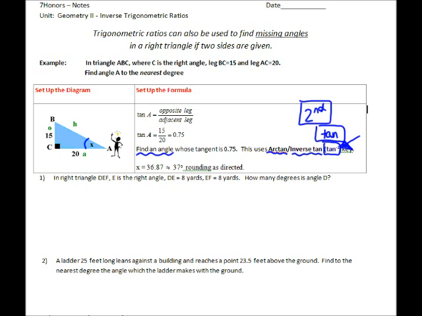When I read that button, I say the words in my mind, the angle whose tangent is. So I press second and tangent, and my mind is saying, I want the angle whose tangent is 0.75, and if you try that on your calculator, you should get 36.87, or they told us to round to the nearest degree, so that is 37 degrees.